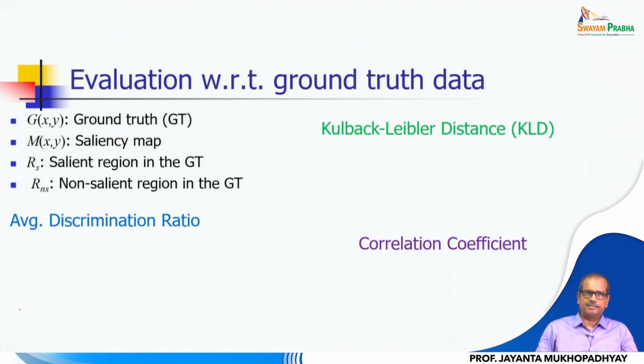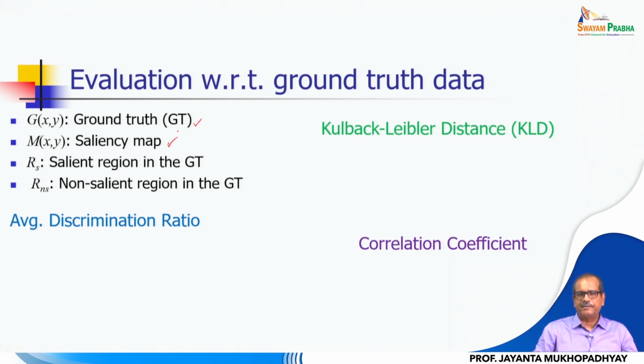Now let us consider that we have the ground truth data which is represented as a function of points, pixels in the image, and similarly the saliency map is also a function of the pixel points. At every pixel you have a saliency value, and we also consider that from the ground truth data we identify the regions of saliency, which means that ground truth may provide some degree of reference saliency at any point, but we can binarize them.